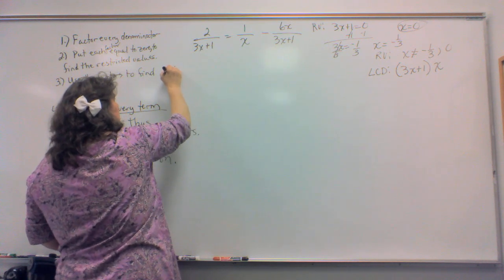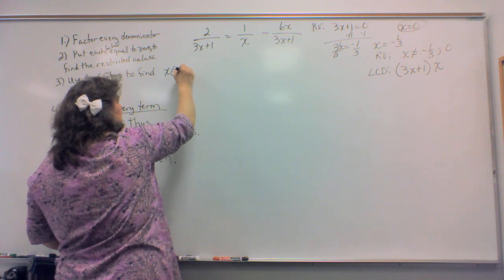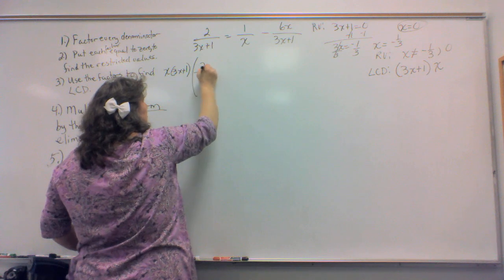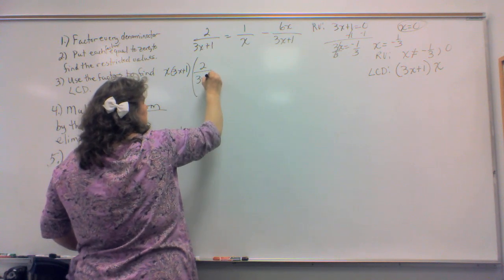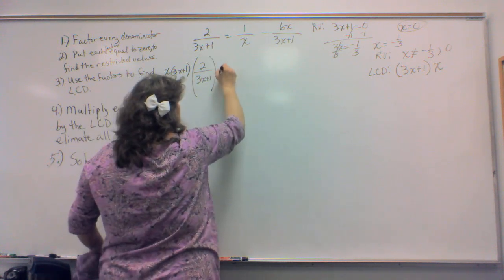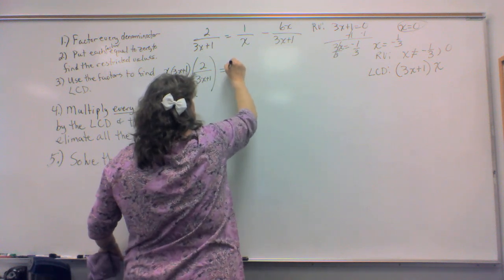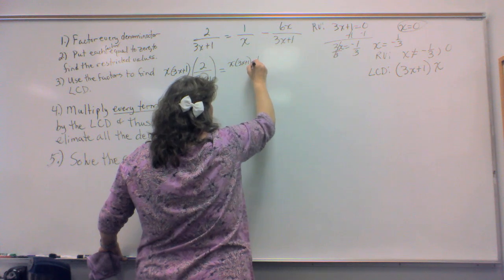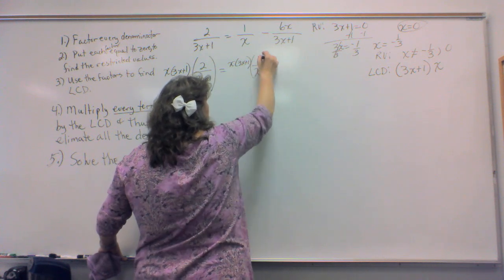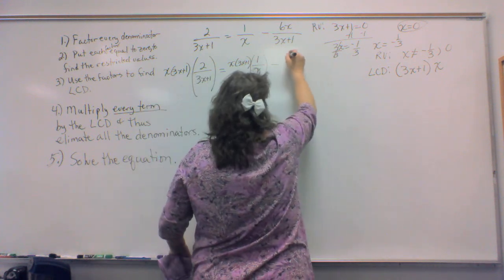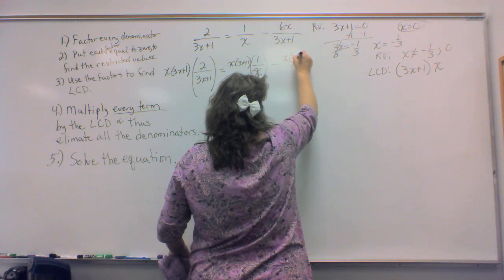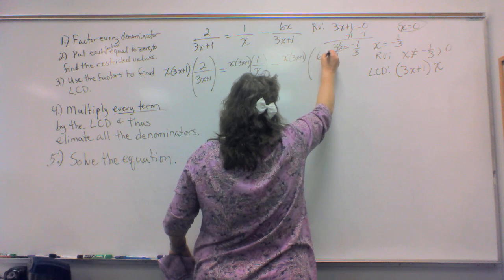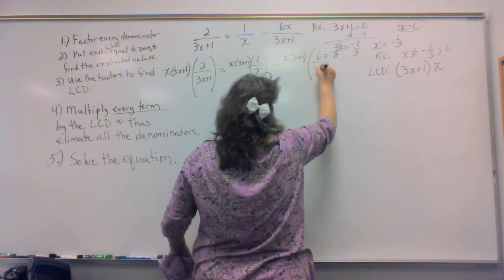So you have x times 3x plus 1 times 2 over 3x plus 1. And now this is equal to x times 3x plus 1 times 1 over x, minus x times 3x plus 1 times 6x over 3x plus 1.